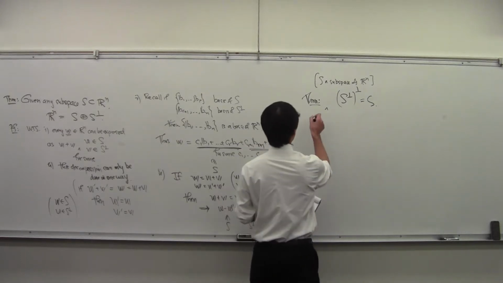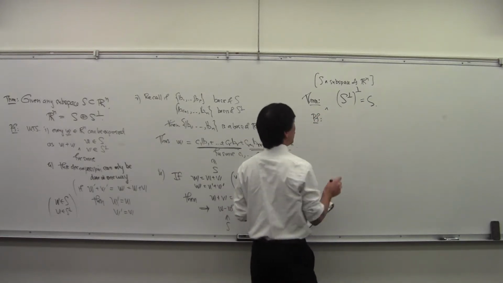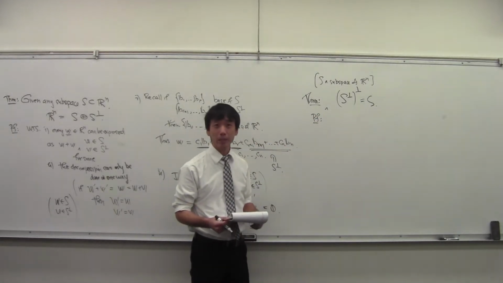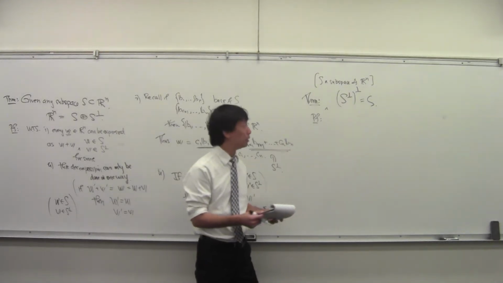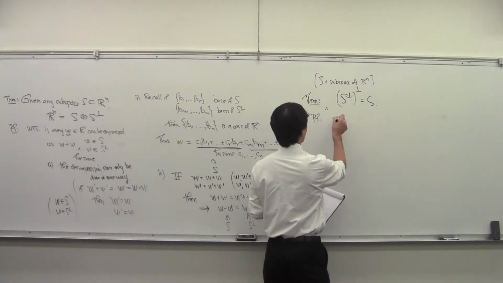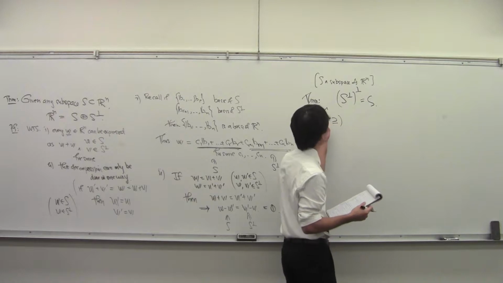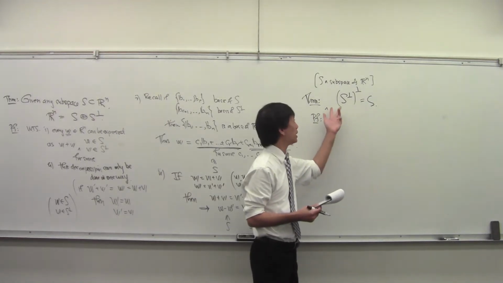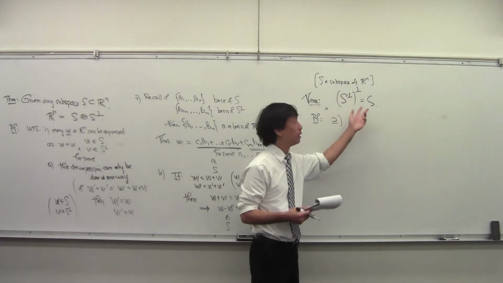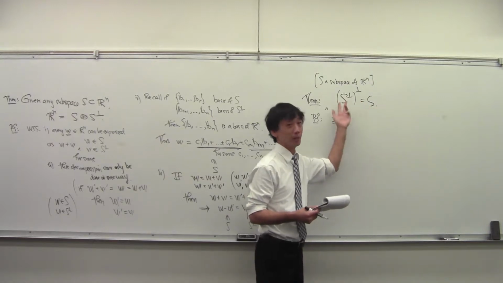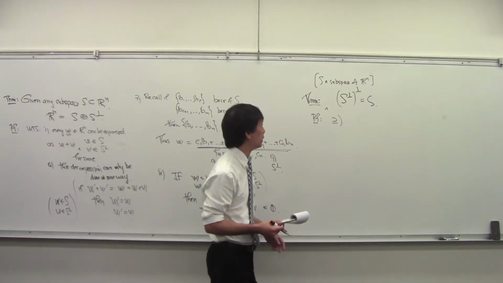Okay, so we're going to prove that these two are equal. We'll prove it by showing that the right hand side contains the left side, and the left side contains the right side. We'll do that in pieces.